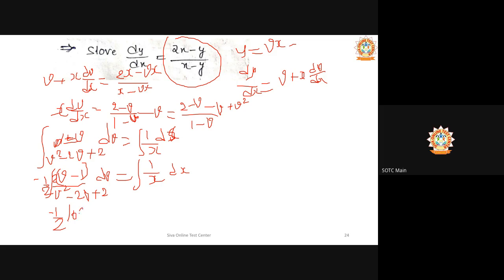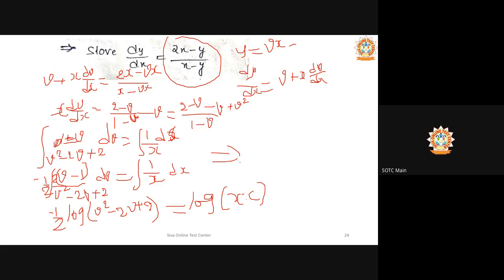What is the integration of f dash of x by f of x? That is log f of x. So log of v square minus 2v plus 2 is equal to, on this side it will come log x plus log c, that will become log of x into c. So if you send this minus 1 by 2 here, then log will get cancelled.